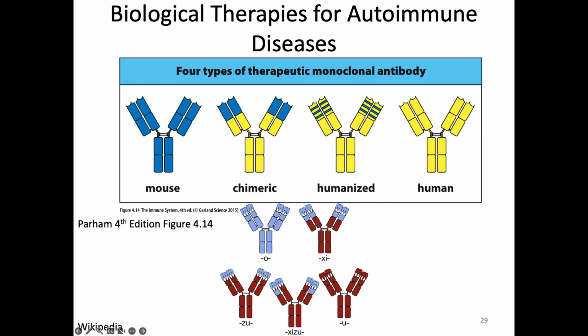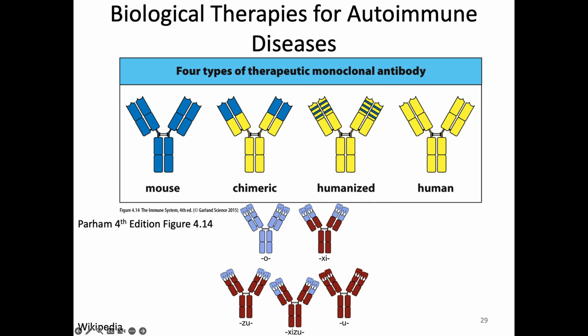We then figured out ways to engineer so that only the variable regions were from mice, the rest were from humans. Then we figured out a way to engineer so that only the CDRs were from mice, and the rest were from humans. Then we figured out a way to engineer and actually have mice make fully human antibodies, so they're not foreign and can be transplanted again. And so this has been another big benefit of our ability to do antibody therapy.